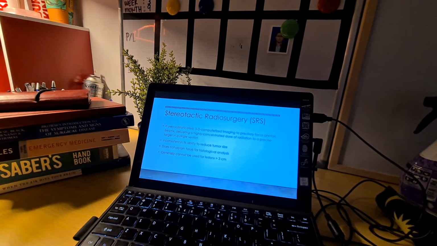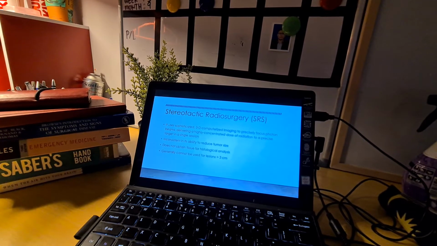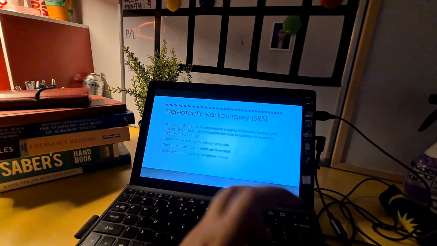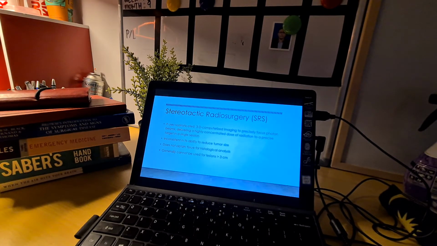So what is stereotactic radiosurgery? It is very sophisticated 3D computerized imaging to precisely focus photon beams, or rays, delivering a highly concentrated dose of radiation to a precise target in a single session. It is inconsistent in its ability to reduce tumor size.